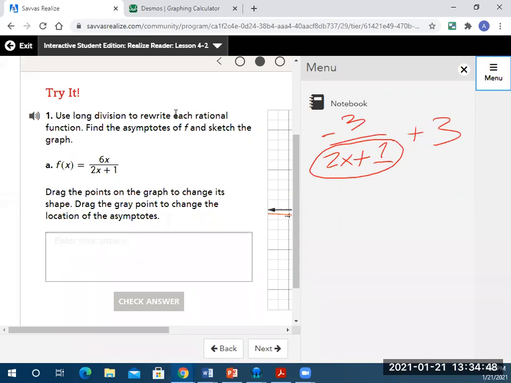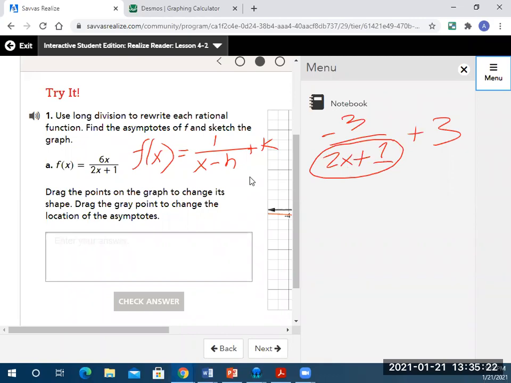H tells us if it moves left or right, but it's not h yet because in the original function, it's f of x is equal to 1 over x minus h plus k, right? So k is good, but if you look at the difference, there's a 1 in front of this x right here, but over here, there's a 2 in front of x. So you have to factor out that 2x in order for you to get the actual translation.